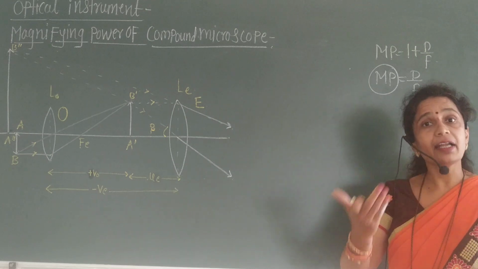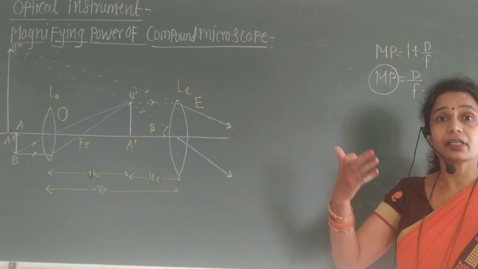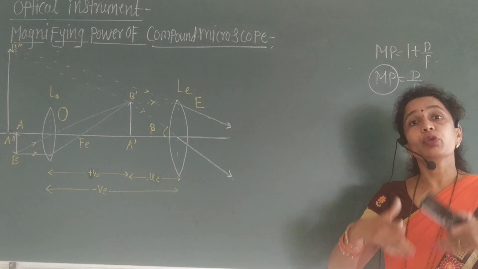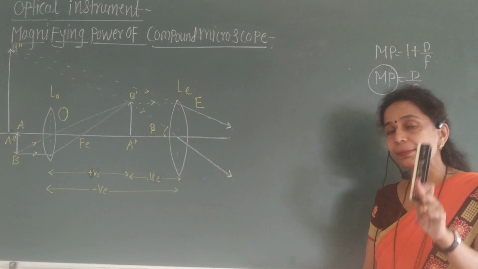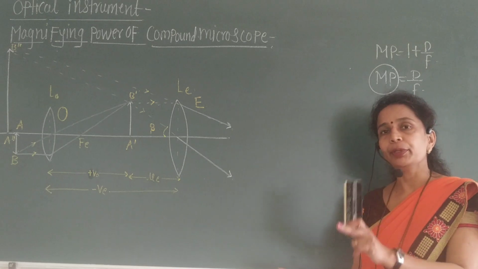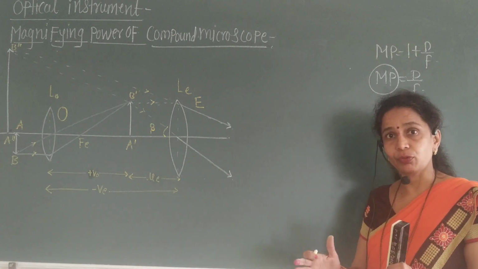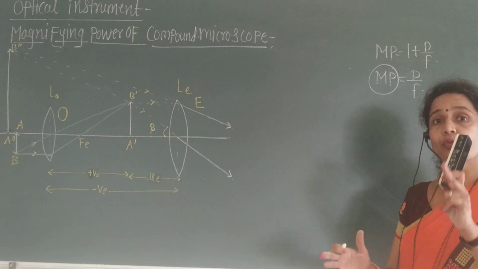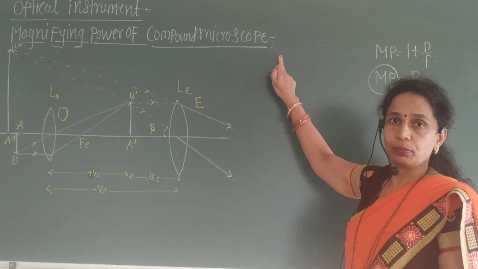Therefore, we can't decrease the focal length beyond a certain limit, and therefore we can't increase the magnifying power of a simple microscope beyond a certain limit. In that situation we have to use the compound microscope.